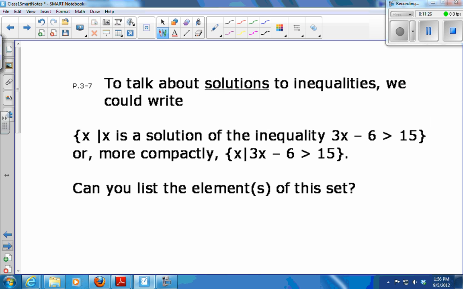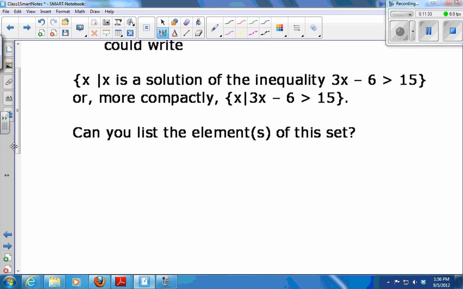So to talk about solutions to inequalities, we often use set builder notation. So I could say the set of all X such that X is a solution to this inequality. Or I could be shorter and say the set of all X such that 3x minus 6 is greater than 15. So what numbers X belong in that set?